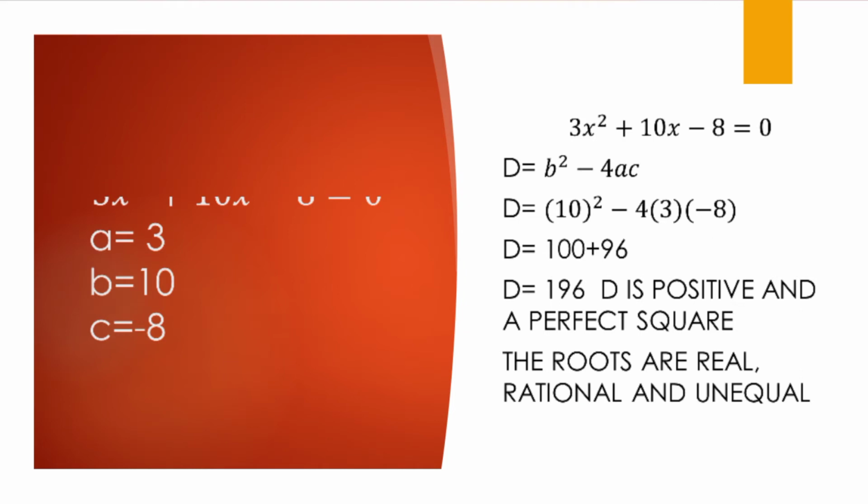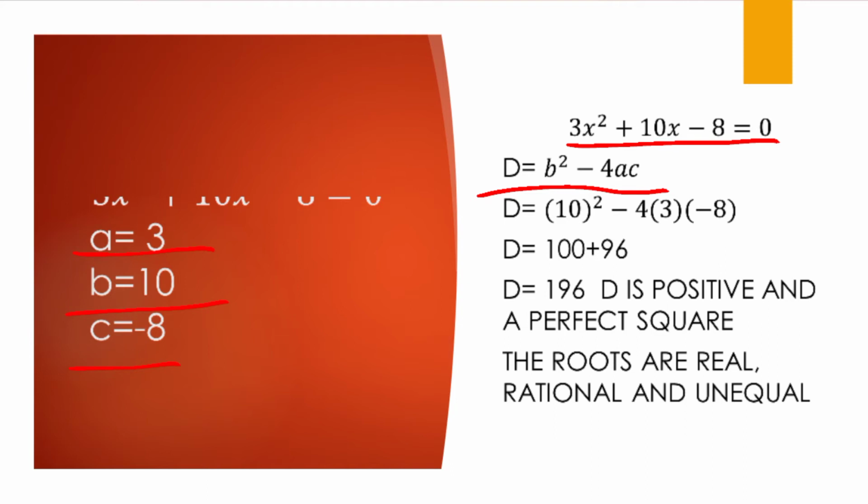Next equation is 3x squared plus 10x minus 8 equals 0. So the value of A is 3, the value of B is 10, and the value of C is negative 8. Again, substitute the given values of A, B, and C to the discriminant B squared minus 4AC.